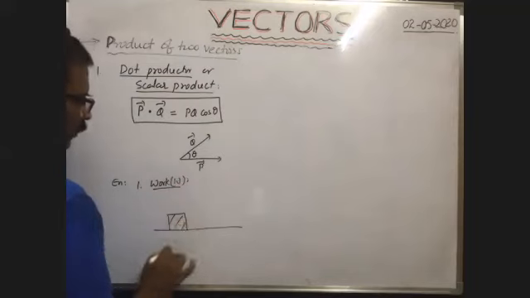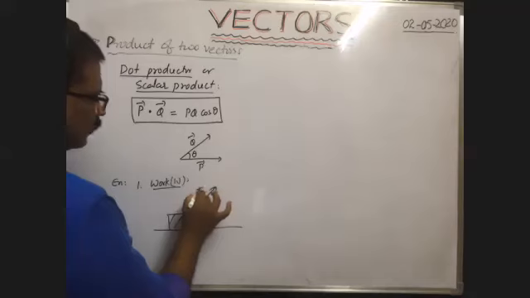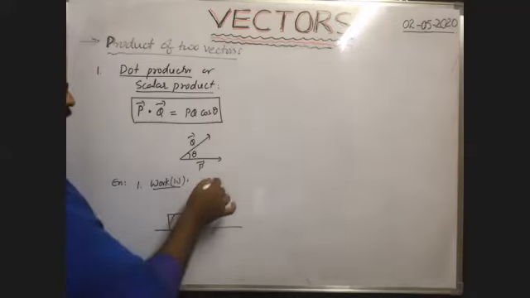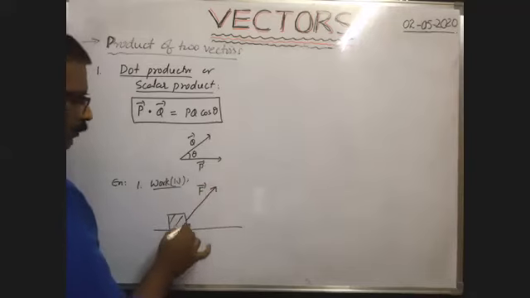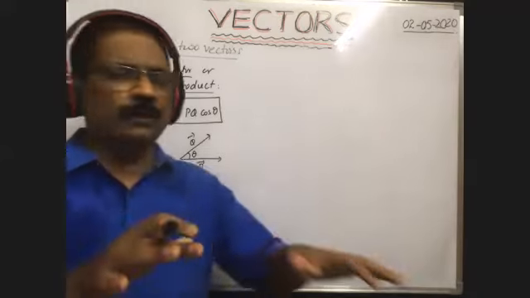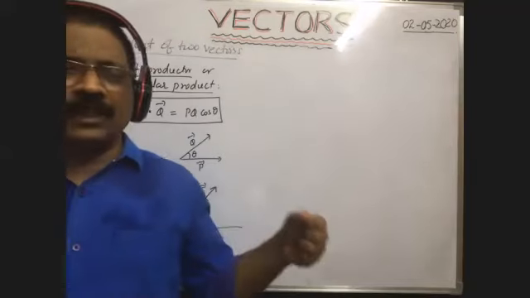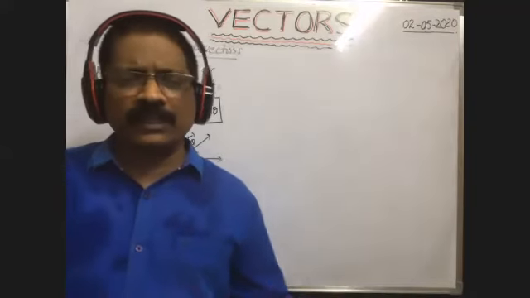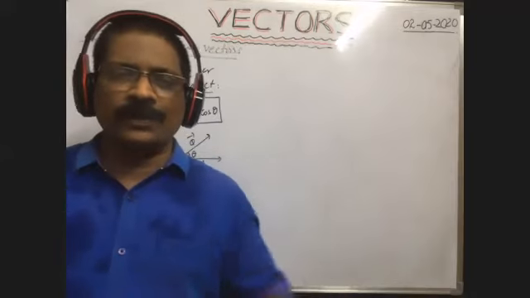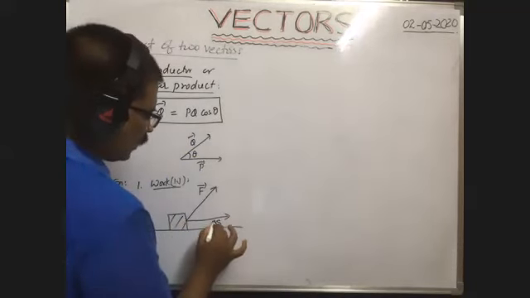Here the force F bar is applied on the block in this direction, that means the block is pulled by a rope. Just keep the block on the floor and pull it by means of a rope. Definitely the block will move on the horizontal surface only. It will not move towards the force applied. That's why the displacement of the block is along this direction, S bar.